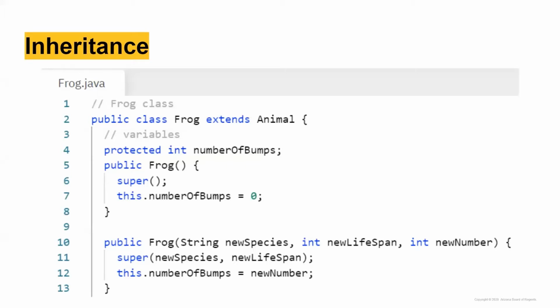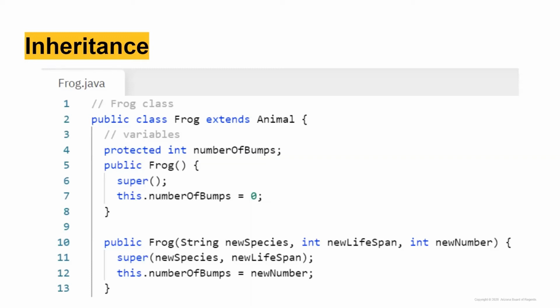I just called it new number because I didn't want to make it a super lengthy name, but that's just going to go to the number of bumps. All these parameters are being passed into the constructor for frog, but we can kick two of them back to the constructor for animal by calling super again, because we've already written the code for that. We might as well use it. So we can go super and then pass the new species and new lifespan as parameters into that.